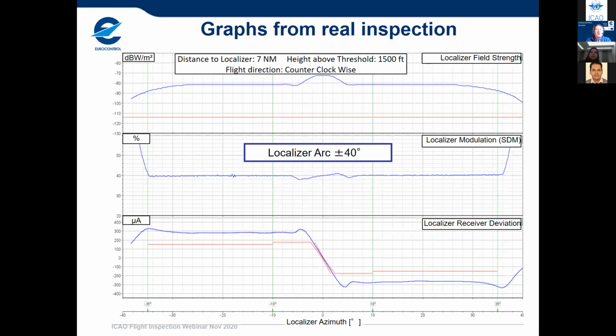Here you see some example graphs from real inspections, and you see what is by now, I think, a pretty good standard in flight inspection systems. And so those have also been introduced.